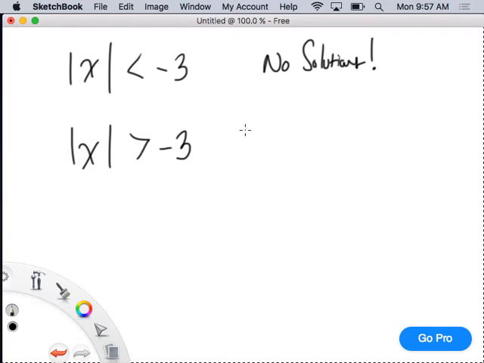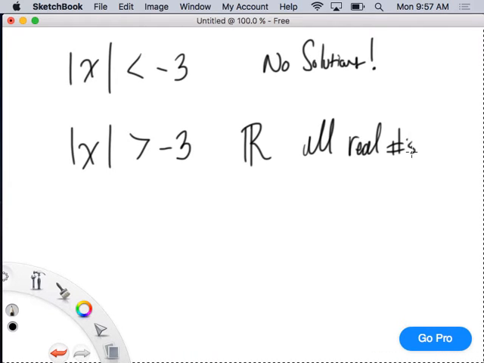So the answer is all real numbers, which you can symbolize by that, which means all real numbers. Does that make sense to everybody? Every number I plug in, -1, 0, 50, 1,000, everything will be greater than -3. It doesn't matter. Okay, so the answer is all real numbers for the solution. Does that make sense? So if it's ever less than a negative number, it's no solutions. If it's ever greater than a negative number, it's all real numbers.